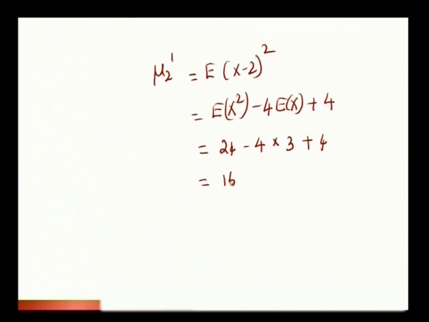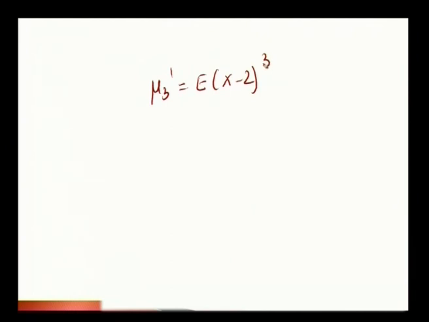And mu 3 dash is expectation of x minus 2 whole cube. This is expectation of x cube minus 6 into expectation of x square plus 12 into E of x minus 8.